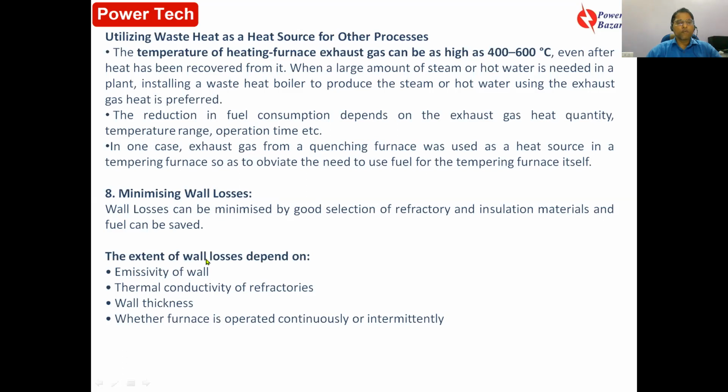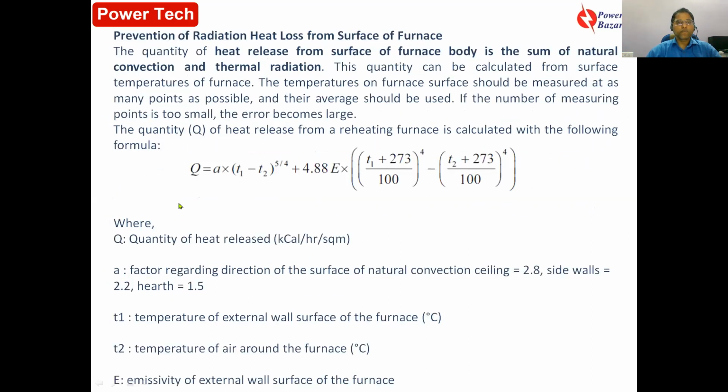Now the extent of wall loss depends upon various factors: emissivity of the wall, thermal conductivity of the refractories, wall thickness, and whether the furnace is operated continuously or intermittently. So these are the major factors on which the wall loss depends. Now, prevention of radiation heat loss from the surface of the furnace: how can we do that? Basically, this is the formula.